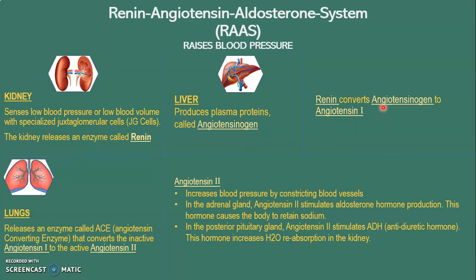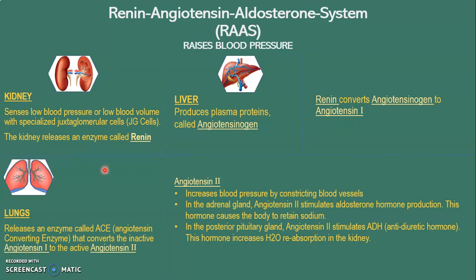This inactive protein is converted by renin from angiotensinogen to angiotensin 1. Even though this protein is converted, angiotensin 1 is still not a very active protein.